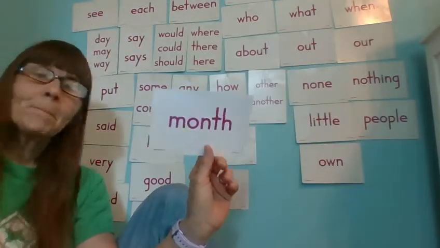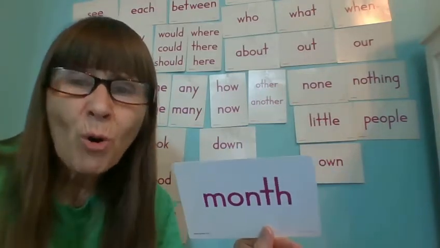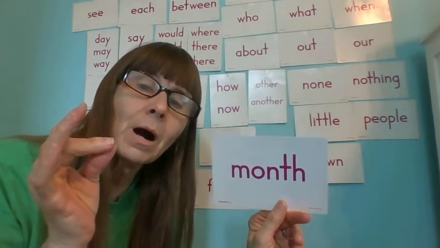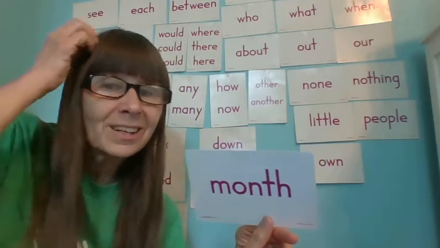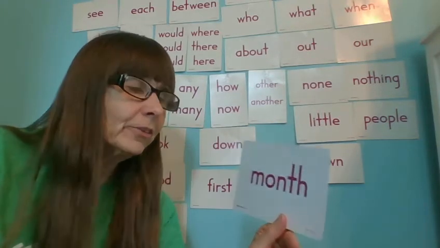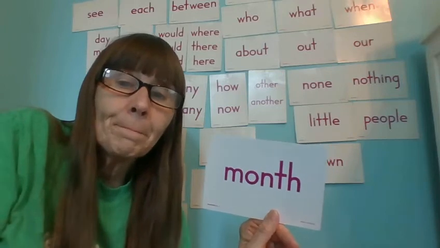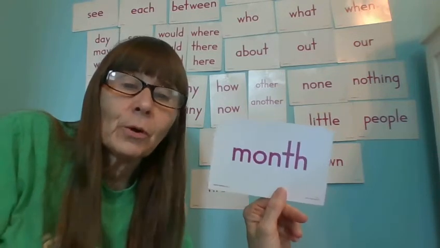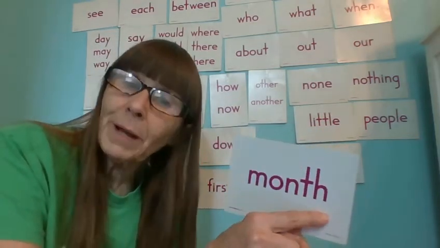Another word, month. If you tap this out, it almost looks the same as the way we say it. Month. Close, but in this word, the O sounds like a U. Month. So it's important to be very careful about how you spell it.